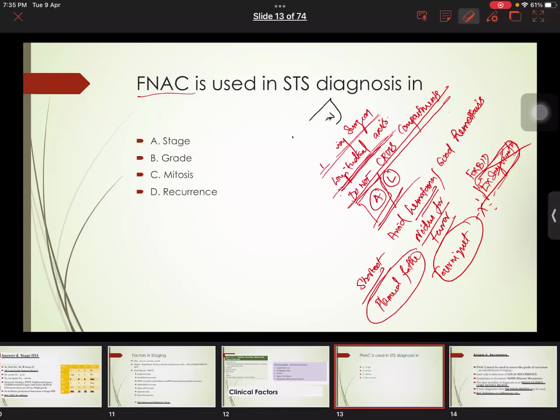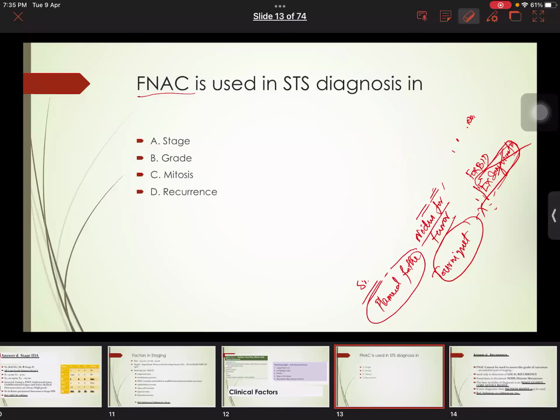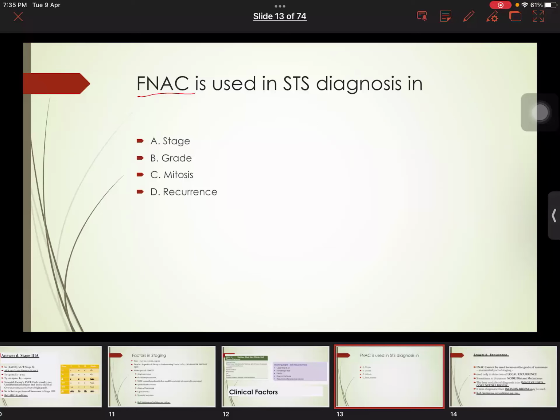So when will you actually plan for an excision biopsy? Excision biopsy, on the other hand, is required for relatively small tumors, somewhere around 3 to 4 centimeters or up to 5, where you have a suspicion. So you can straight away plan for an excision of the tumor itself with margins. Grossly, a margin of at least 1 centimeter is advised in any kind of sarcoma.